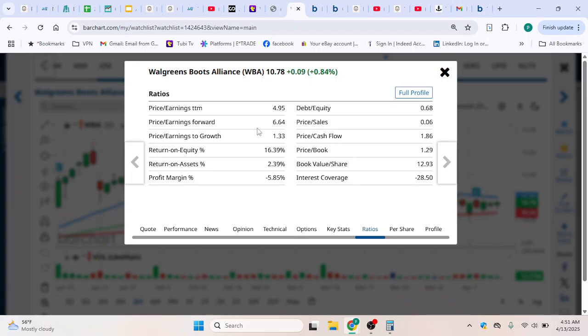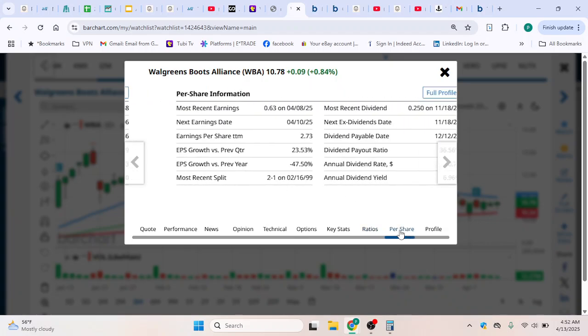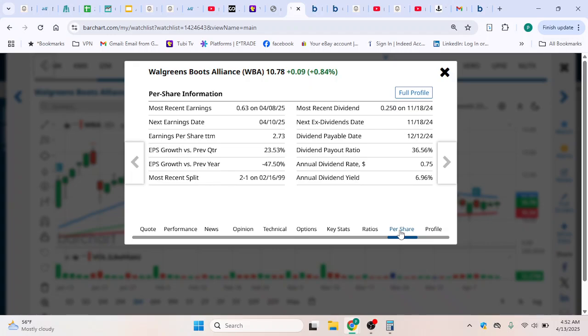But there's a reason for it. There's reasons for this stuff, because they've had such underperformance and they even have a negative profit margin. So Walgreens has been punished because they're not performing.